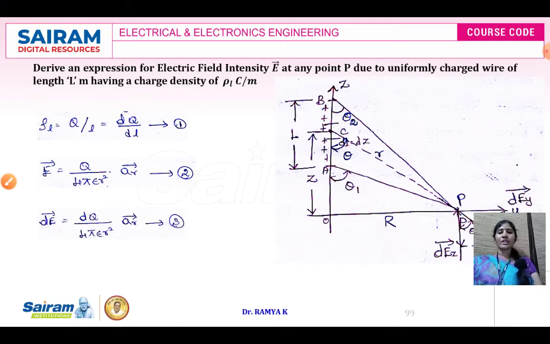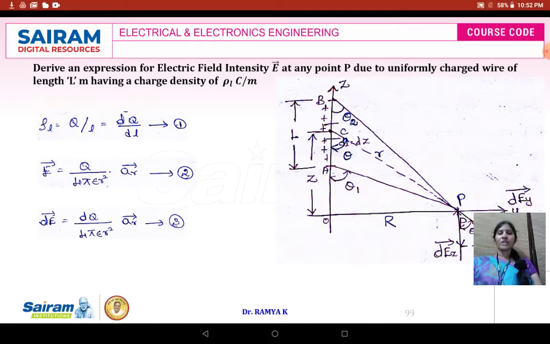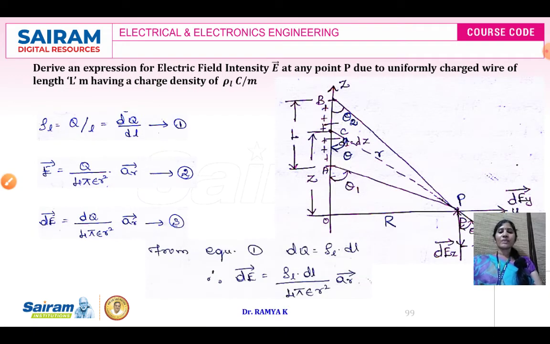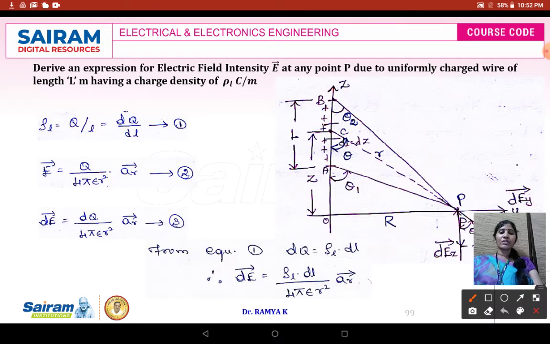Therefore, you will get the differential electric field intensity dE is equal to dq divided by 4 pi epsilon r square. Next, from this equation, in the place of dq, you have to substitute rho L into dl. So dE is equal to rho L into dl divided by 4 pi epsilon r square.